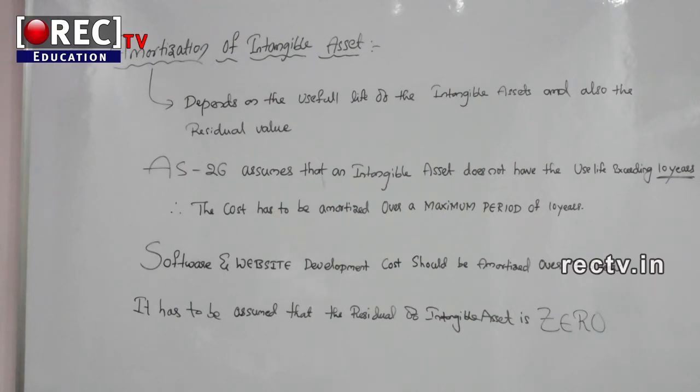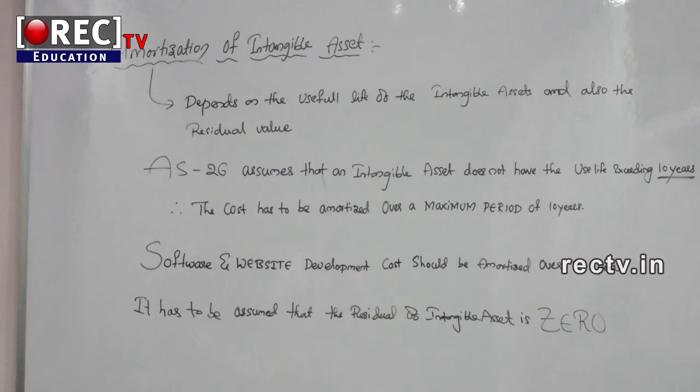In the second point, we said that residual value should be considered. It has to be assumed that the residual value of an intangible asset is 0 unless there is a guarantee received from a third party.